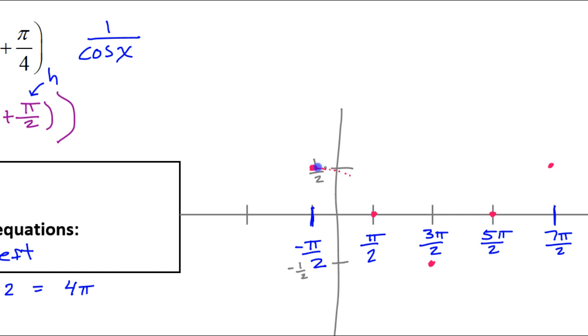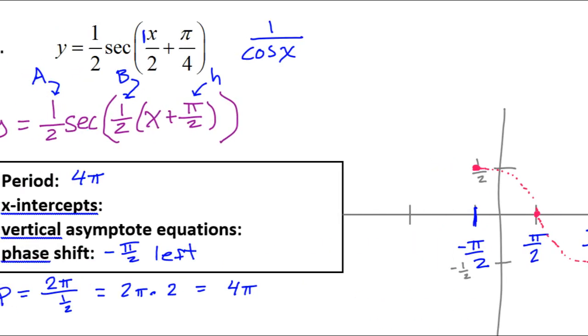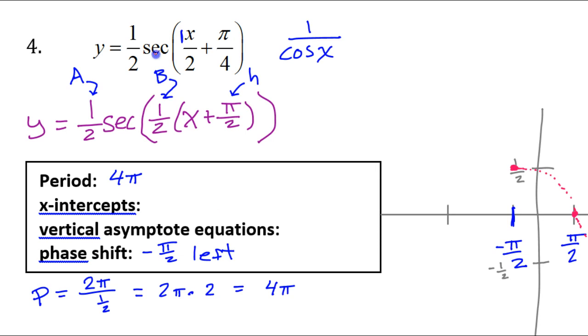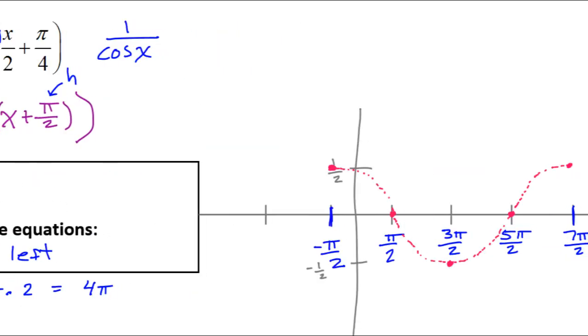So I'm just going to lightly put the cosine in as a dotted type situation. Okay, very lightly and dotted, because I'm really just using this as a guide. Don't forget that we are graphing secant, the reciprocal of this.